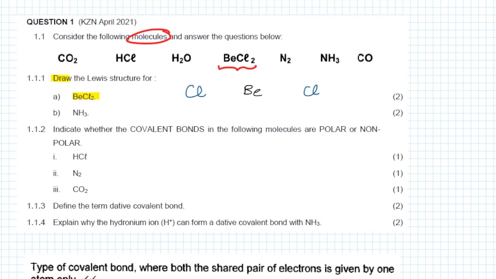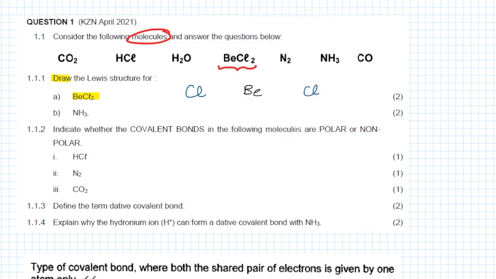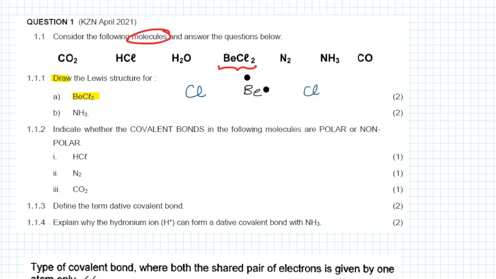We are going to represent the valence electrons using dots and crosses. Beryllium has 2 dots. Each chlorine atom is going to be surrounded by 1, 2, 3, 4, 5, 6, 7 valence electrons. And we do the same on the right hand side, because this one will also have 7 valence electrons.